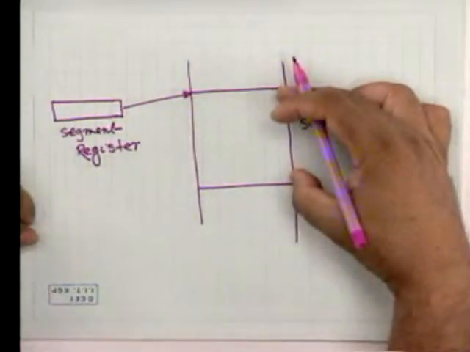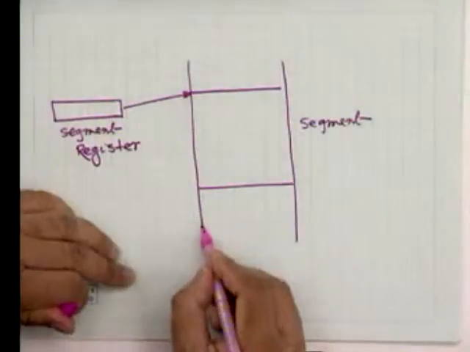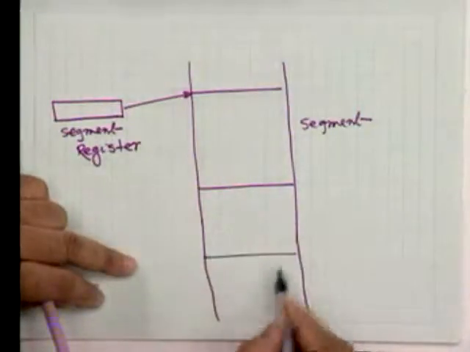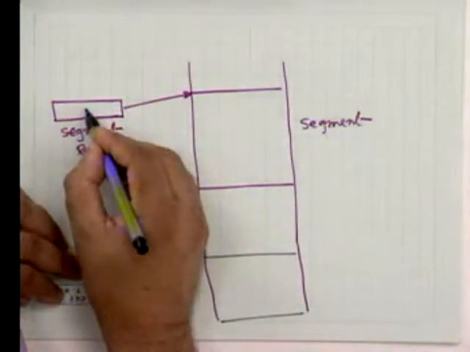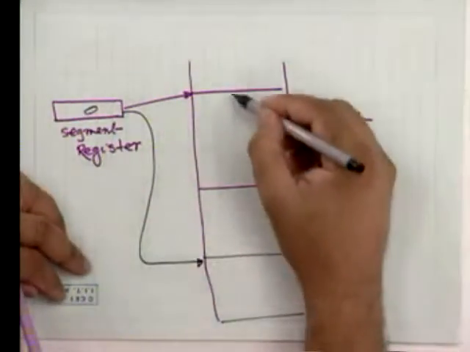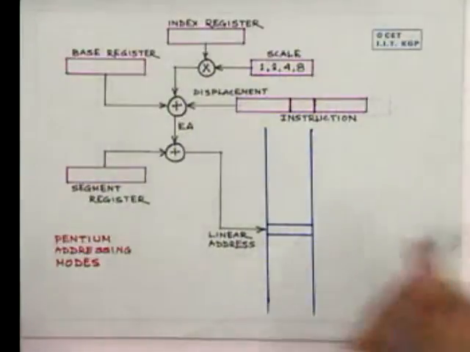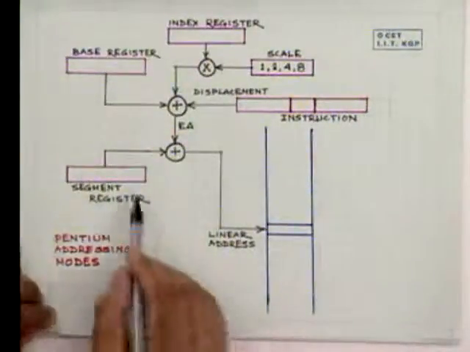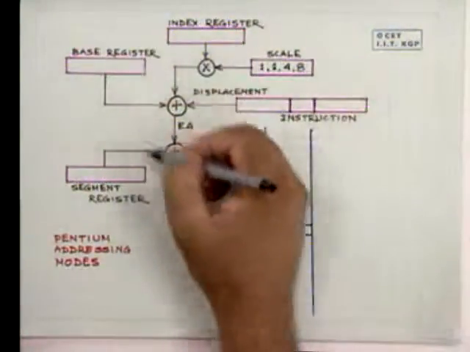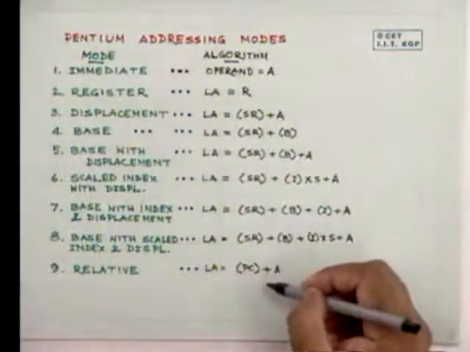Now, if you want to move the segment from this portion of the memory to somewhere else in the memory, say here, then what you have to do is change the content of the segment register only, and now the entire addressing that was applicable here will be applicable here. That is the importance of keeping a segment register to point to the beginning of the segment. Now, given this diagram, the different addressing modes that are available are these.